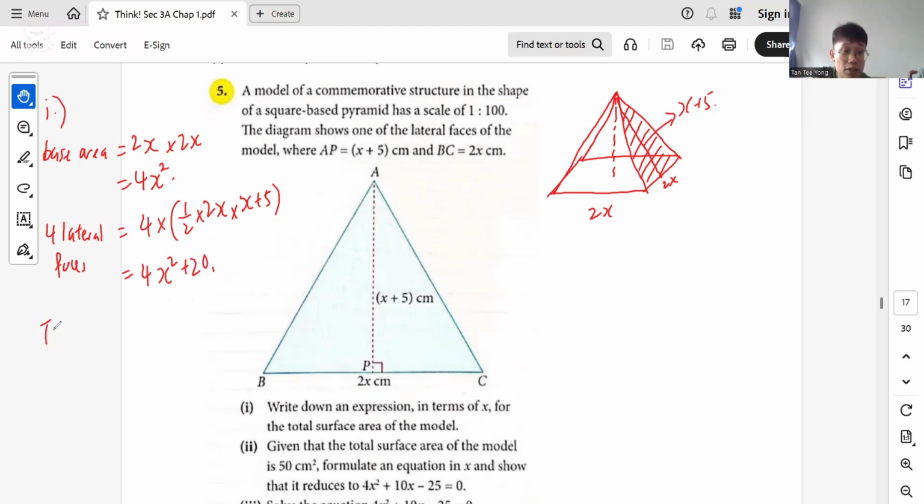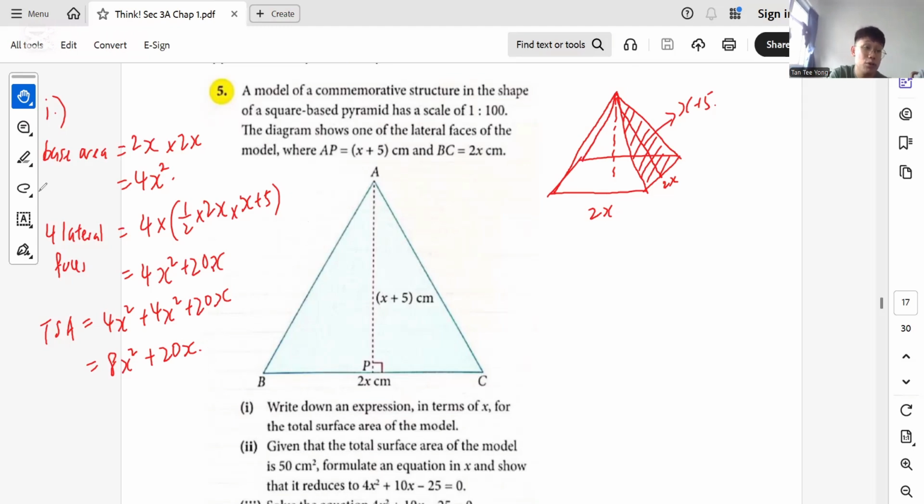So the total surface area is 4x squared plus 4x squared plus 20, so this is 8x squared plus 20. Oh no, it's 20x because x times x. Yeah, it's 20x, sorry. So 8x squared plus 20x.